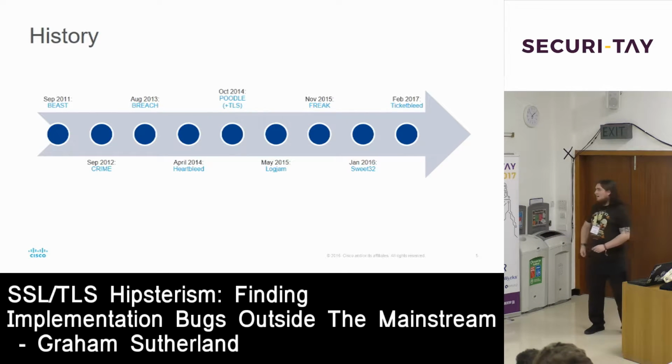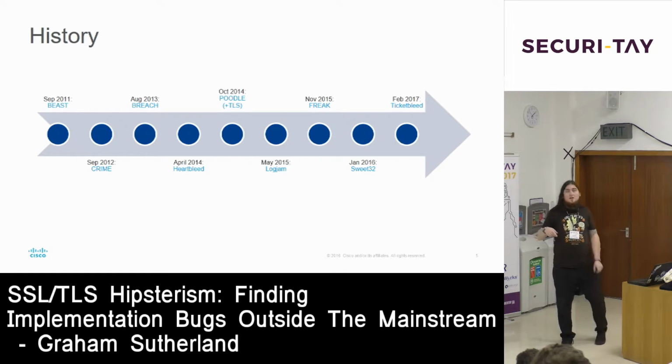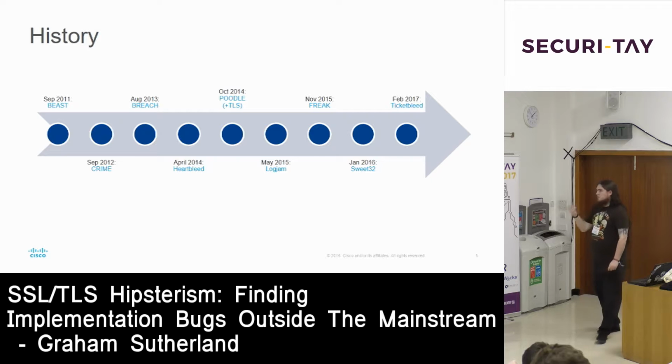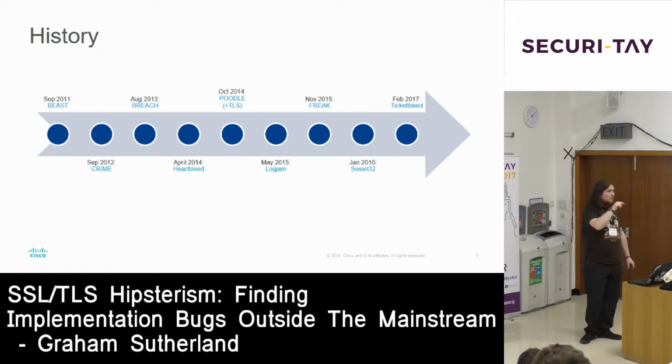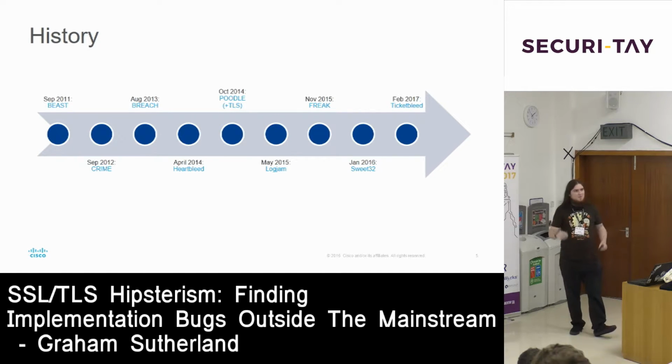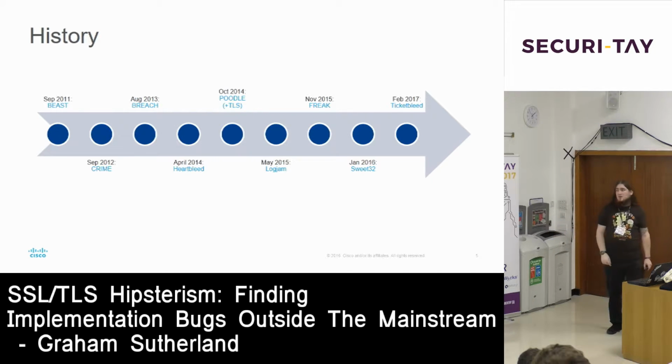Then you got POODLE, and then the magic version of POODLE that worked on TLS as well. That was quite an interesting one, because it shouldn't have worked on TLS, but it turns out that some implementations basically copy-pasted the SSL v3 code into their TLS implementation, even though it wasn't compliant with the TLS spec, and therefore we got a POODLE vulnerability on TLS as well.